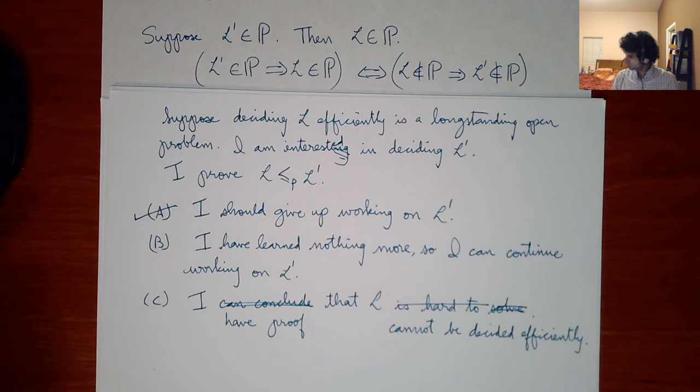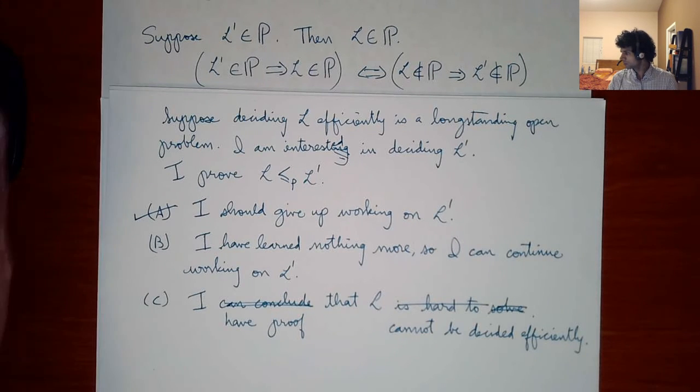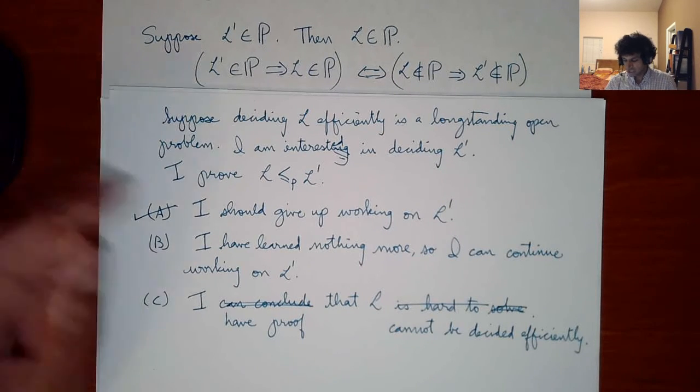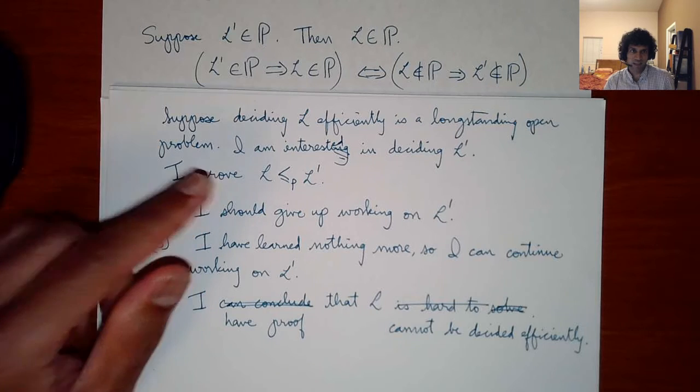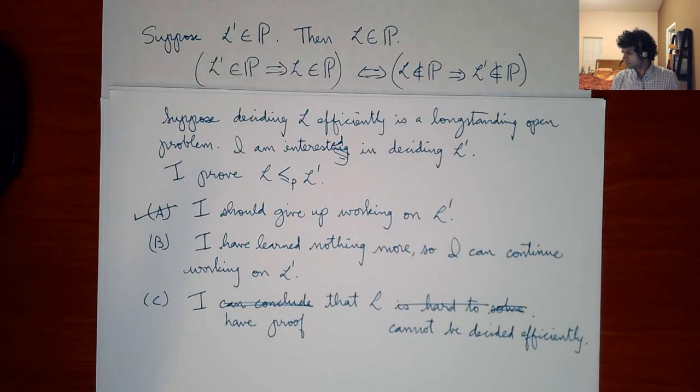Wait, so I don't see. Okay, go on. Why? So you're saying that L is more than not being in P, or L prime more than not being in P. So we don't know whether or not it's in P, but we do know that it would be difficult to prove whether or not it's in P. Yeah, let's just say it's highly unlikely that L is going to be in P. But does this tell us anything about how difficult it is to prove L prime is in P?